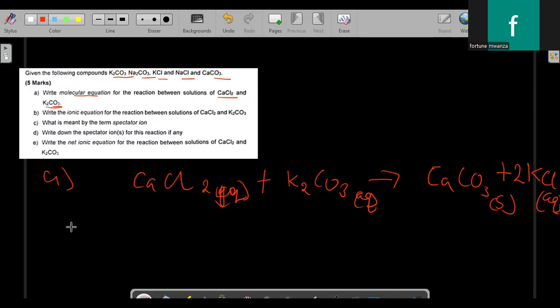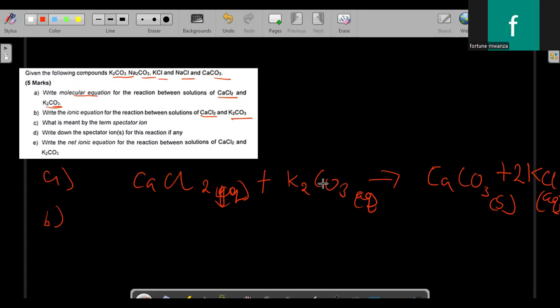Okay, so let's go to part B. Part B is saying write the ionic equation for the reaction between the solution of calcium chloride and potassium carbonate.